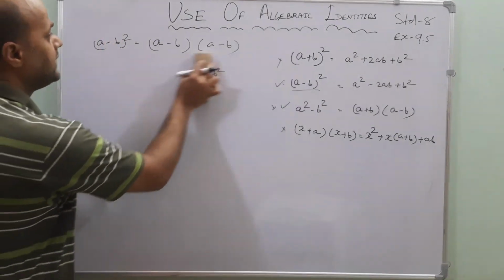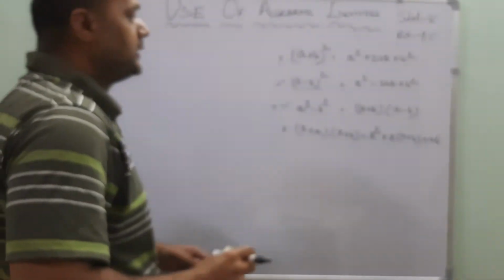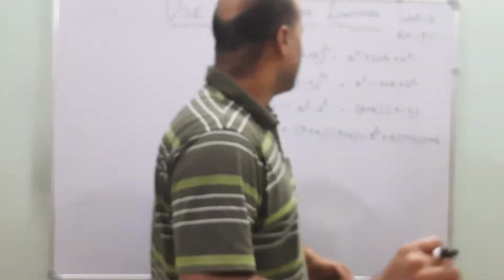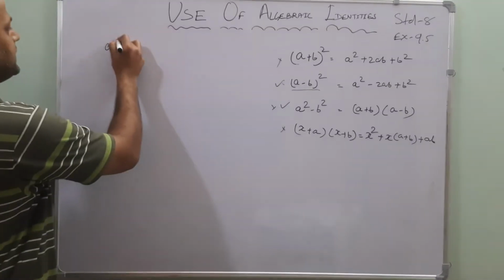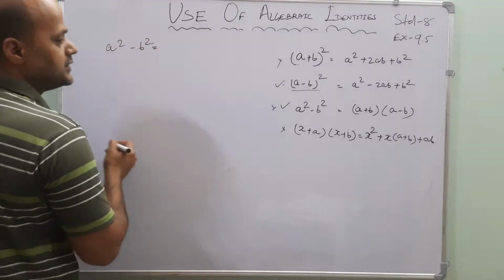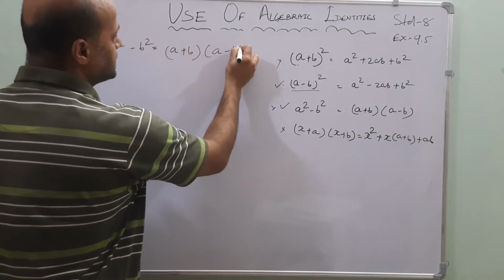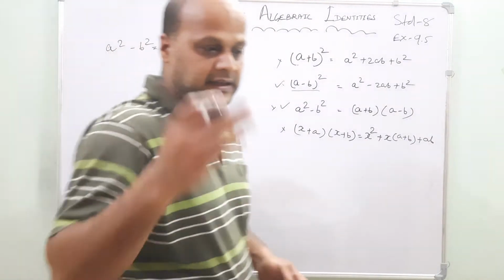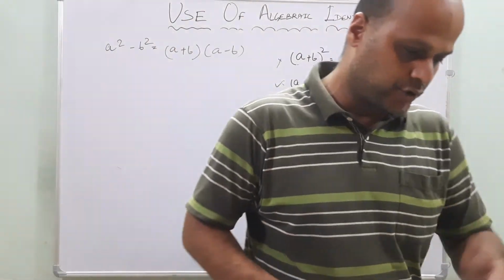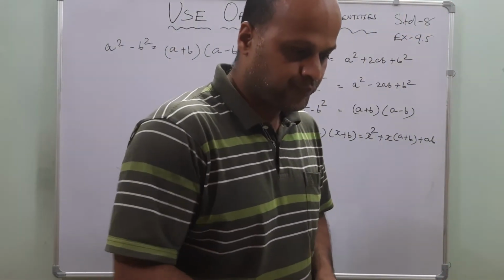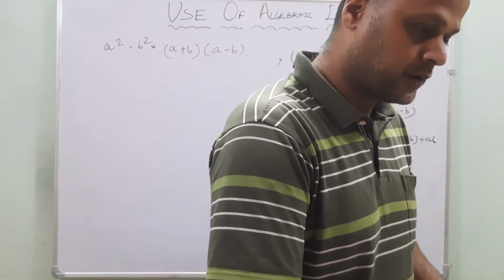The third formula is a square minus b square. What is that? It is simply there. a square minus b square is equal to (a + b) into (a - b). Okay, my dear friends. Any questions are there in your book? Let's see.